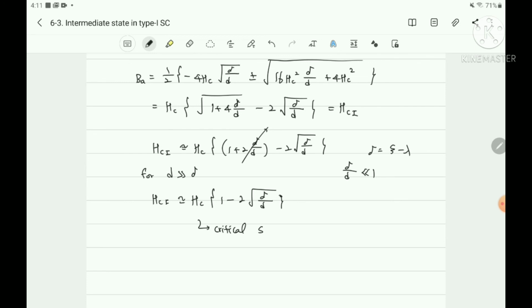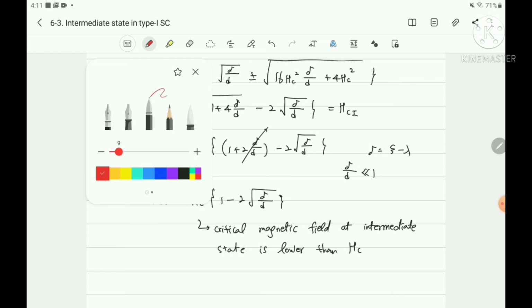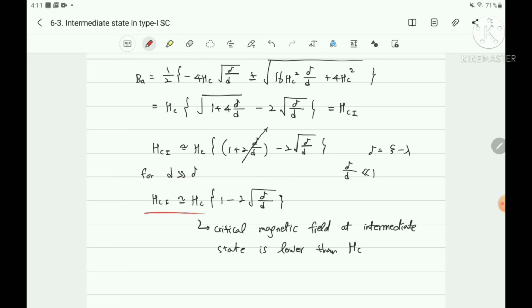The critical magnetic field at the intermediate state is lower than Hc, and here is the final result.